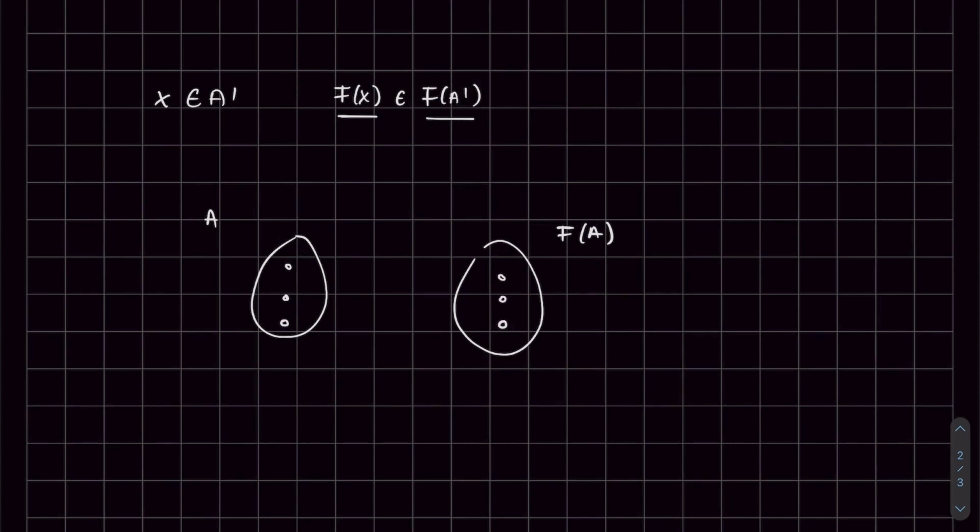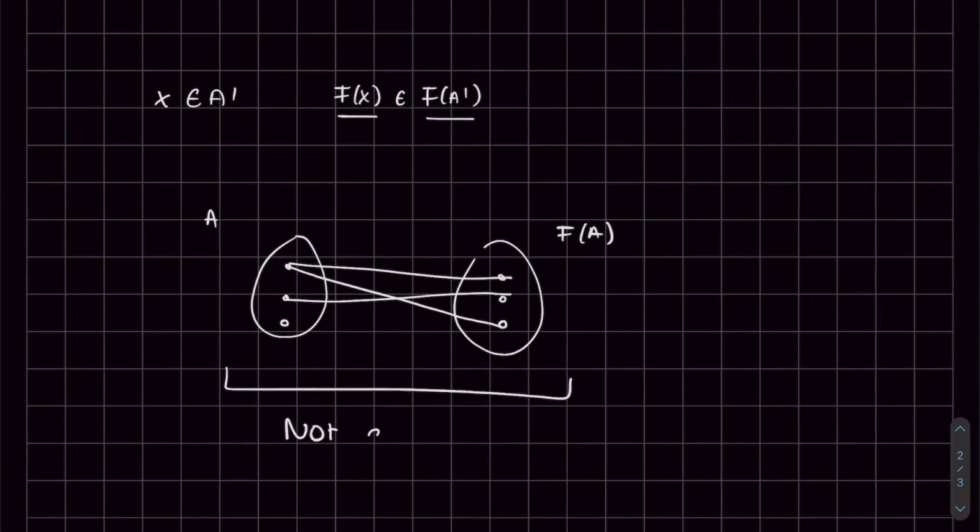So if we have something like this element maps to this one, and this element maps to also this one, then this is not a valid mapping. Not a valid mapping. And this is because the definition of a mapping is that you apply it to all the elements in that set. And as you can see, we haven't applied this because this is not mapped to any of these elements.